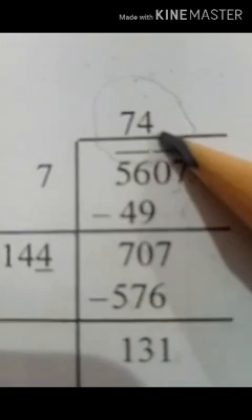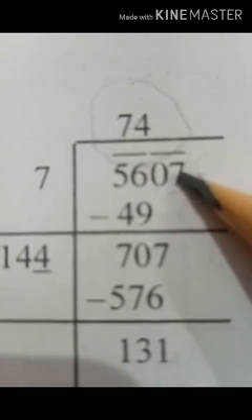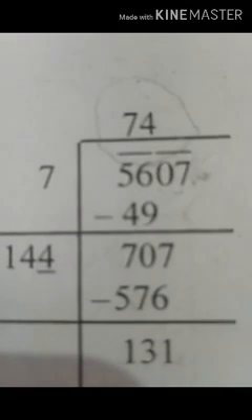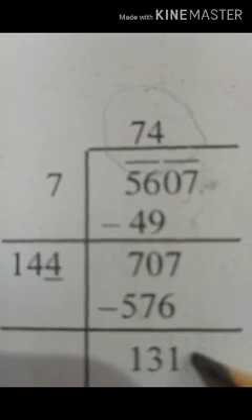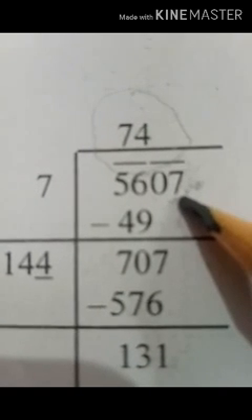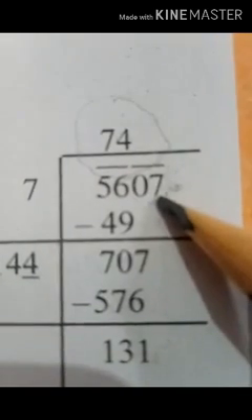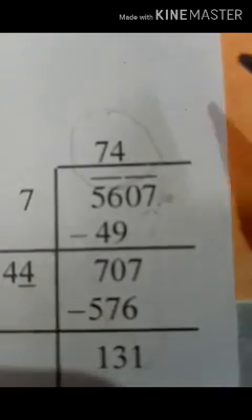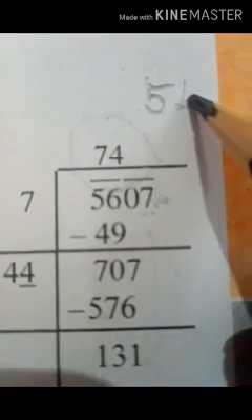Now 74 is the square root of a number which is near to it, and 131 is left. This 131, which is the remainder, if you subtract it from this number 5607, if you subtract 131, you are left with 5476.